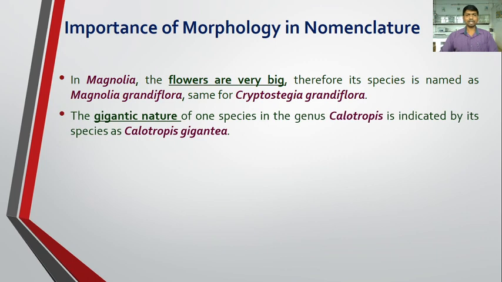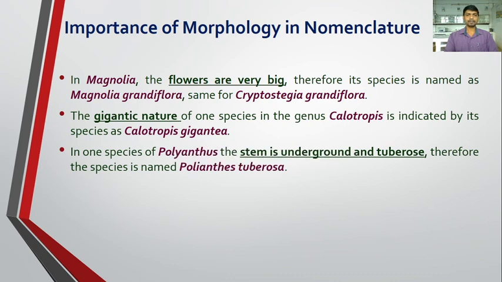The gigantic nature of one species in the genus Calotropis is indicated by its species name, Calotropis gigantea. Because of the gigantic nature of the species in the genus Calotropis, the species name has been given as gigantea.